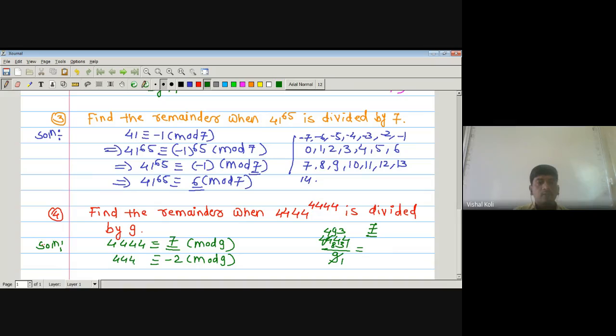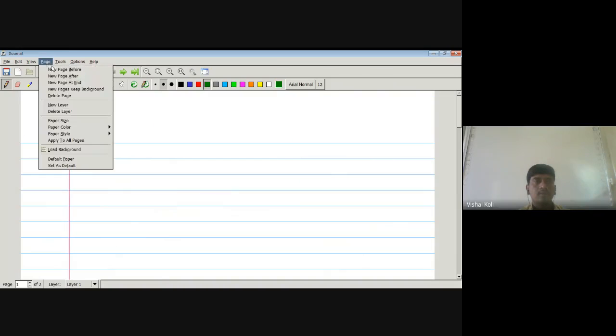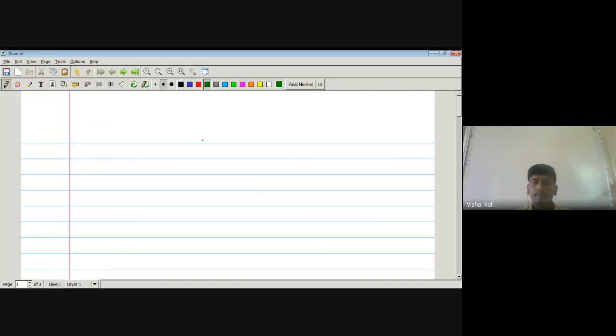Okay. So either we can find out the power of this term, that is your left hand side term, that is 4444, or the power of -2.